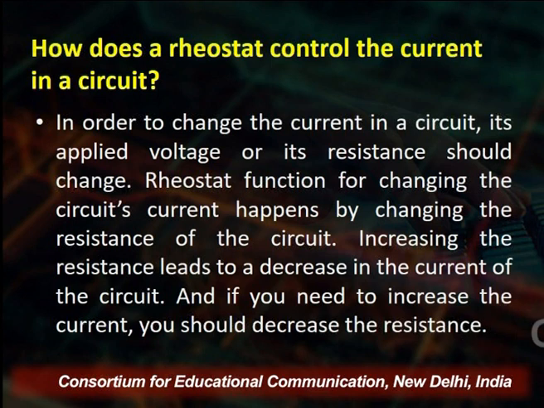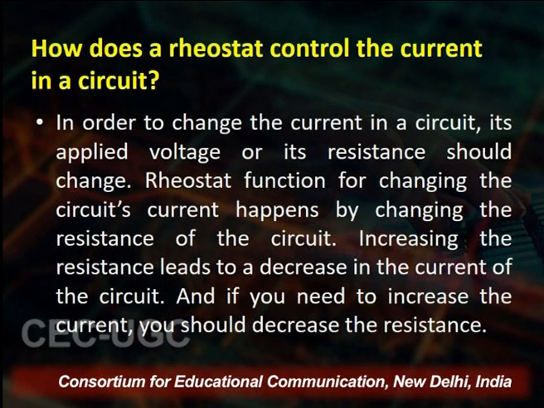In order to change the current in a circuit, its applied voltage or its resistance should change, as per Ohm's law. So, the rheostat changes the circuit current by changing the resistance of the circuit.